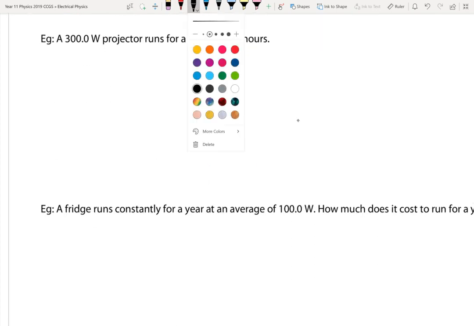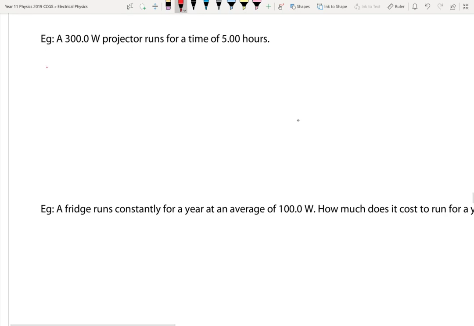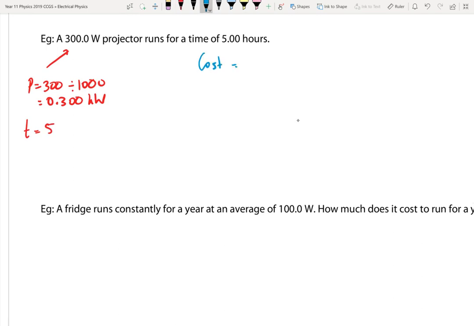300 watt projector. So what we need to do is convert our power into kilowatts, and we've got our time there as 5 hours. So we would have cost is equal to the rate times kilowatt hours. So we'd have 0.28 multiplied by 0.3 times 5.